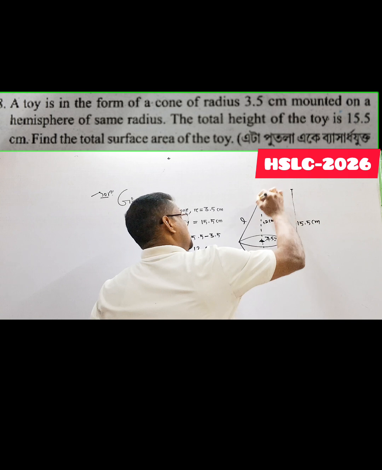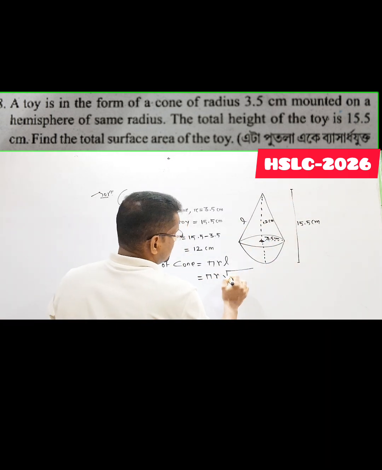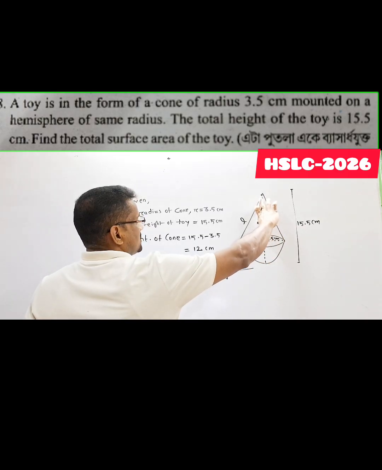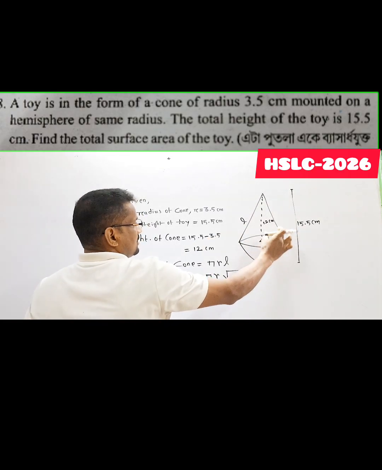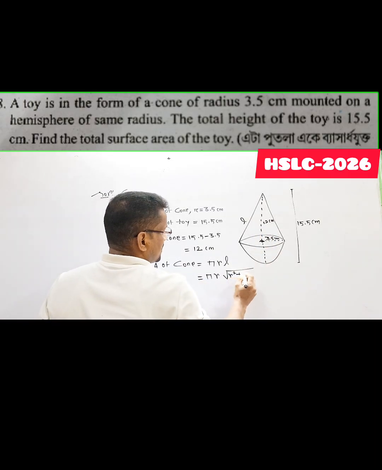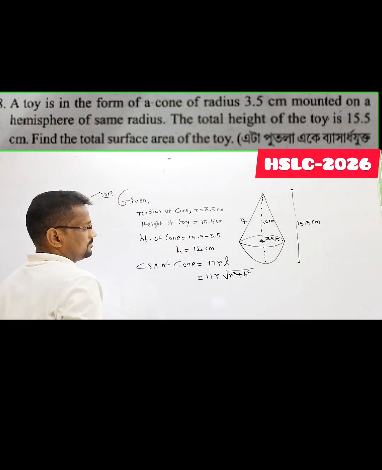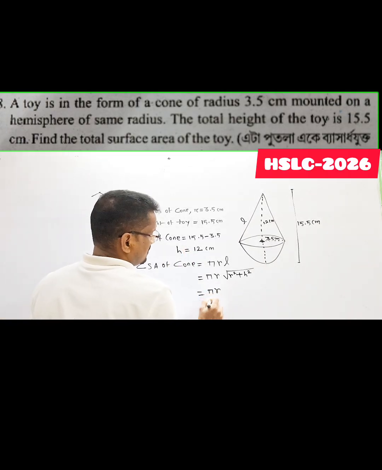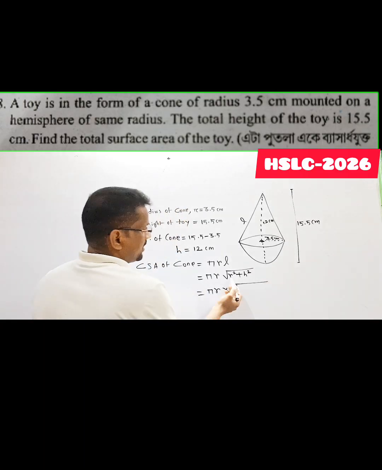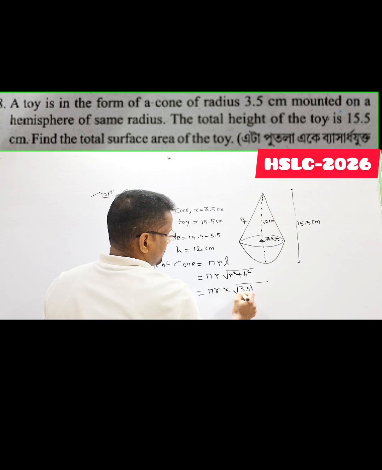This height is your L. So pi r as it is, this is your H, this is your L, this is your R. So L will be, by Pythagoras theorem, root over R square plus H square. And this H is the height of the cone. So calculate pi r into root over, here you can put the value of r, that is radius 3.5, so 3.5 whole square plus height 12 square.